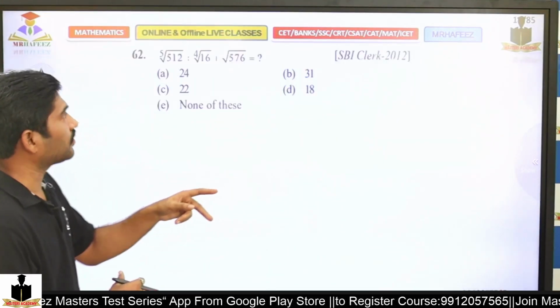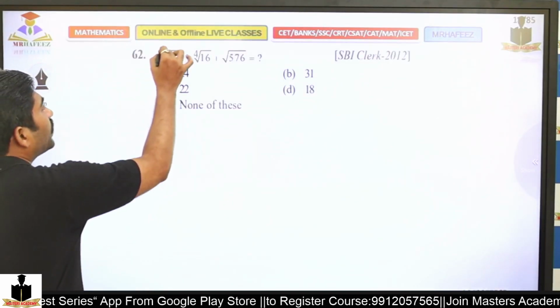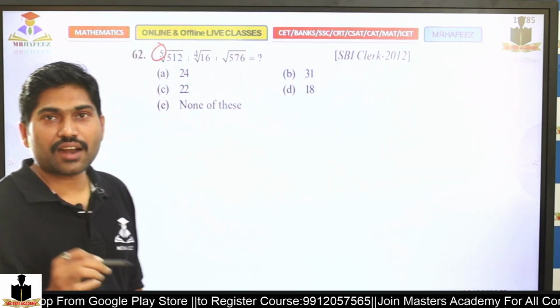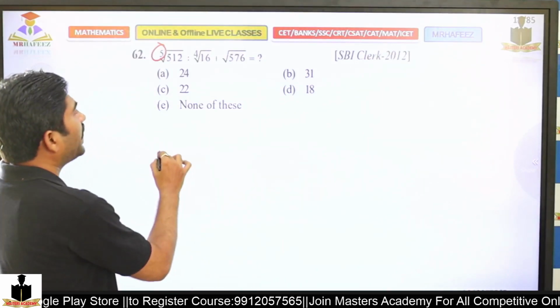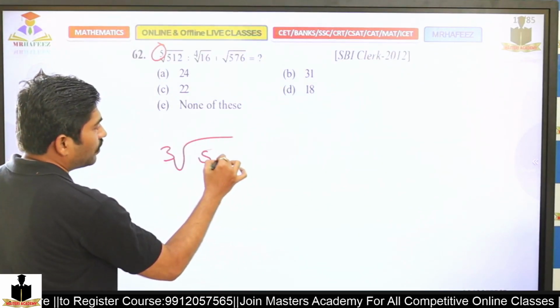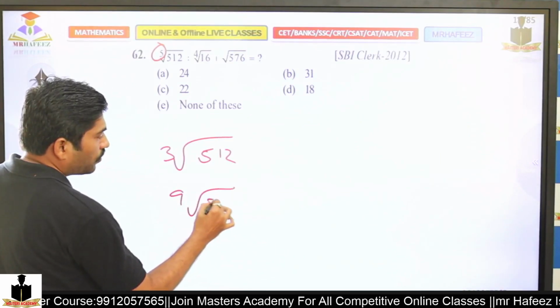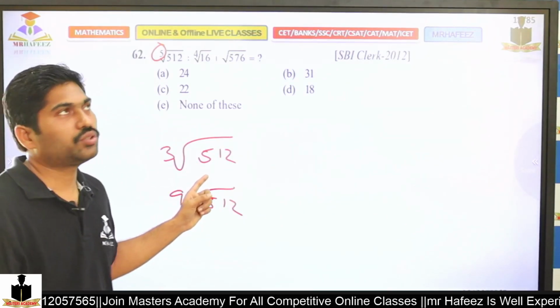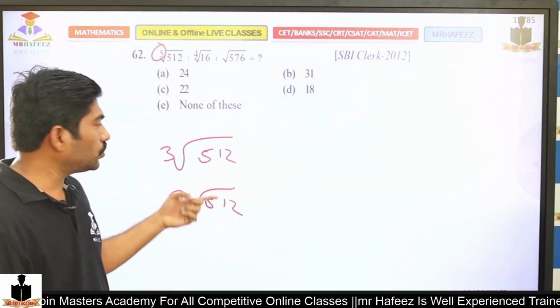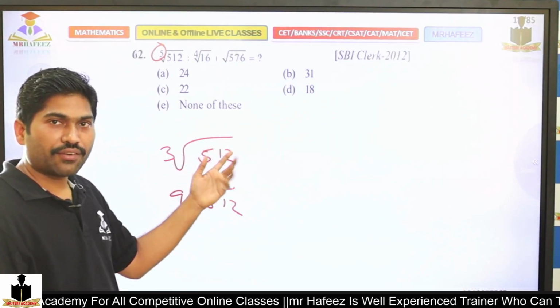Moving to the next question. So this is not a 5 because the fifth root is not there in 512. There might be the cube root of 512 or the ninth root of 512, because it's 2 power 9, and 512 is 8 cube, so whatever it may be.